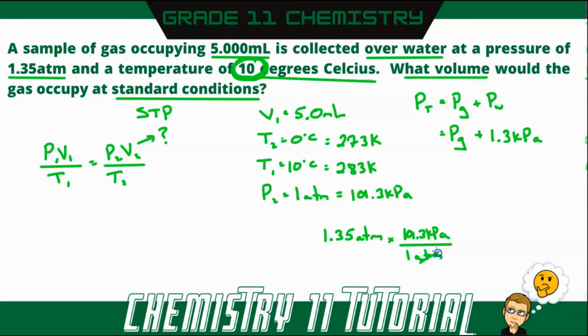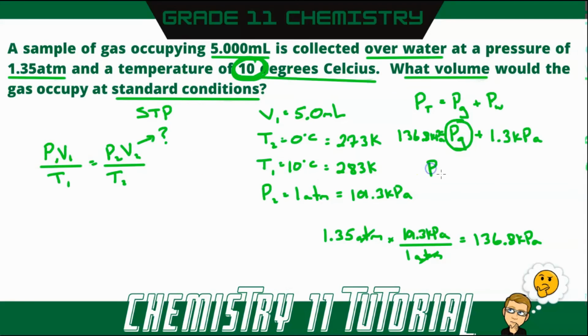So when we do that, you see our units of atmospheres cancel, and we get a pressure of 136.8 kilopascals. Alright, so that total pressure then is 136.8 kPa.